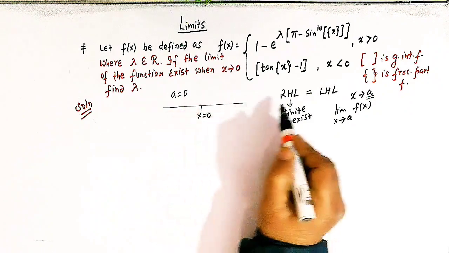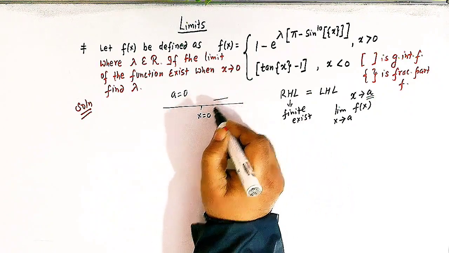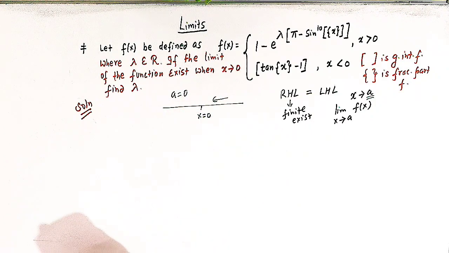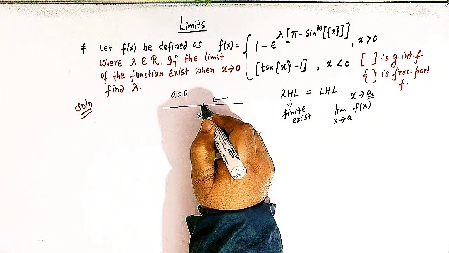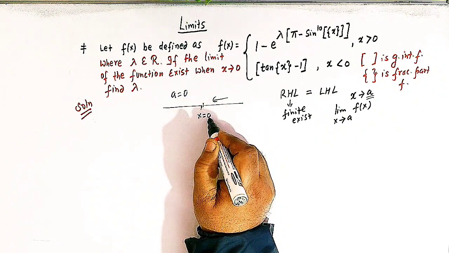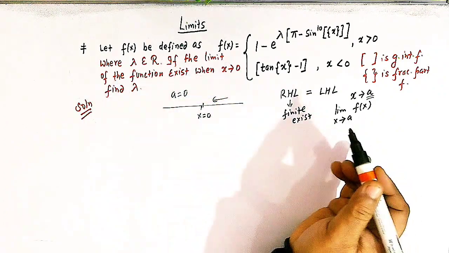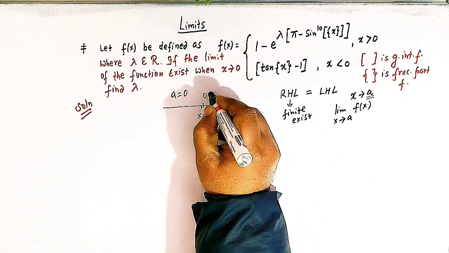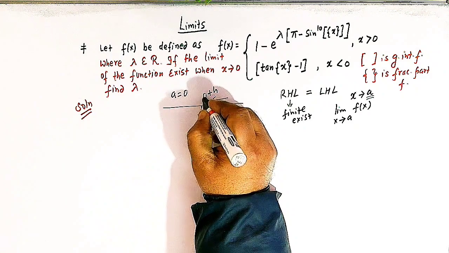When we find the right hand limit, we approach x is equal to 0 from the right of x is equal to 0, and we take a point in the neighborhood of x is equal to 0 and towards the right of it, and this point may be taken as 0 plus h, right?